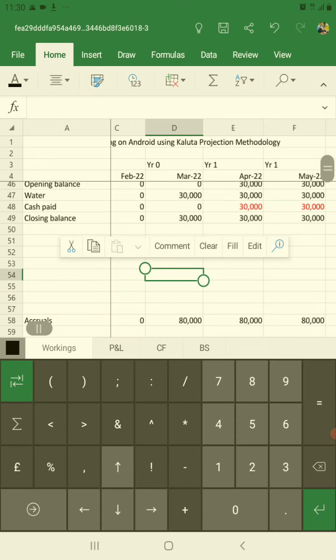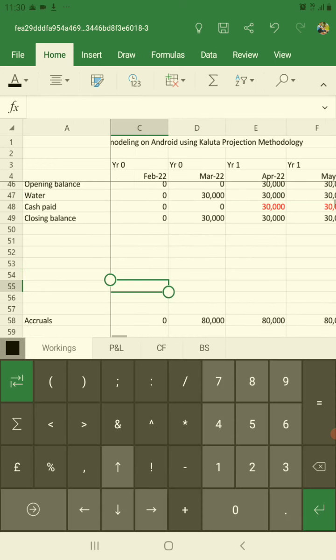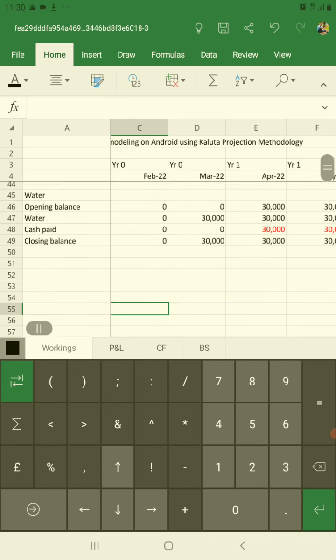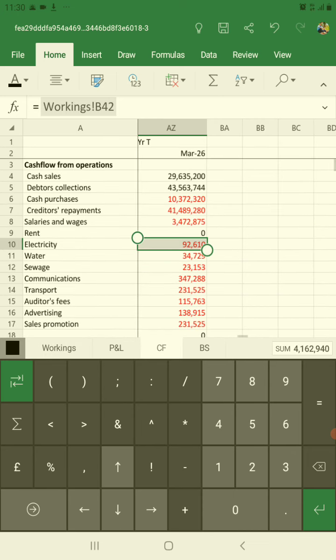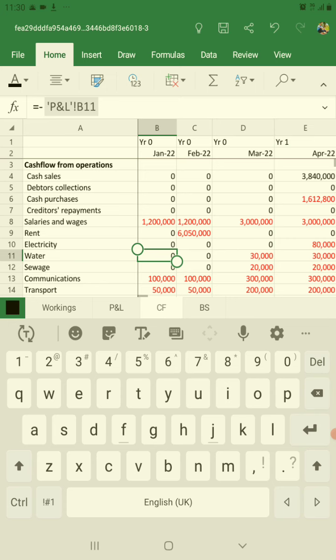And after that, I can go to cash flow in the water section here, change the formula from P&L and pick it.